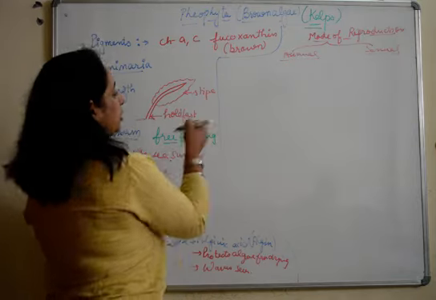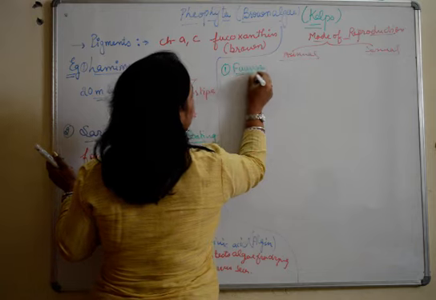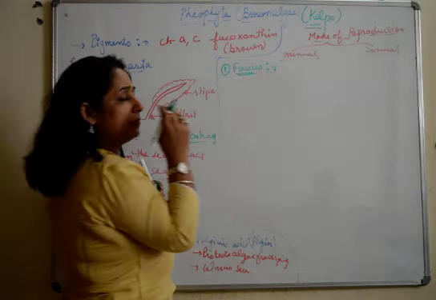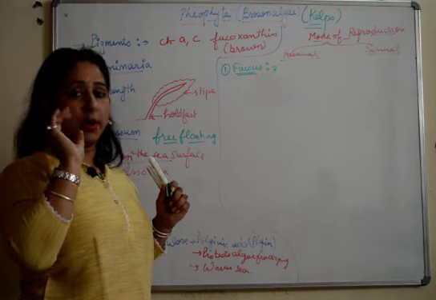Now the first is Fucus. What happens in Fucus? The plant first of all is diploid in nature.